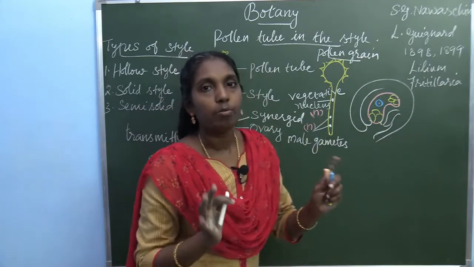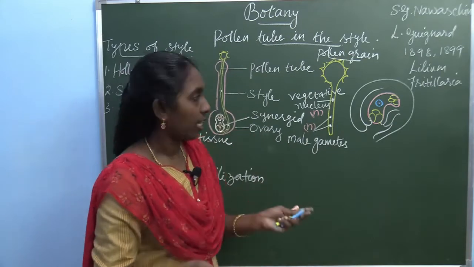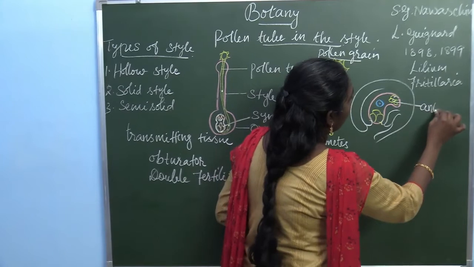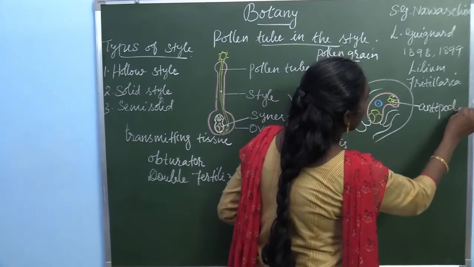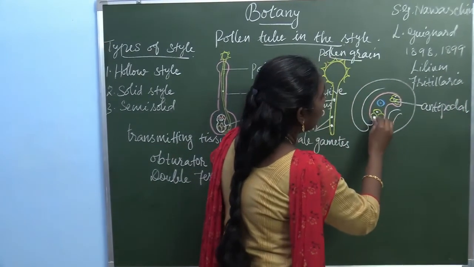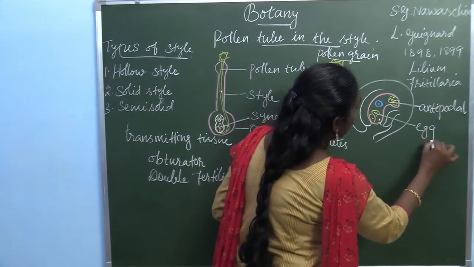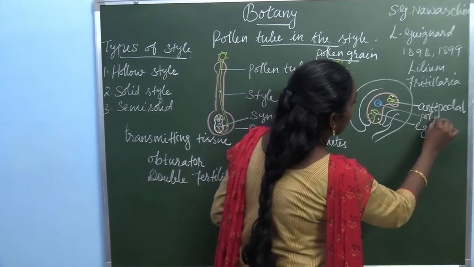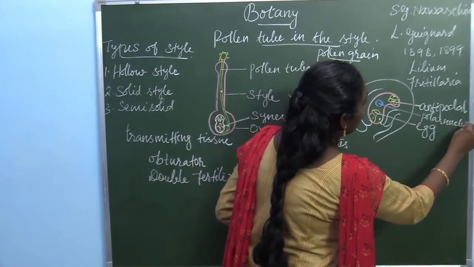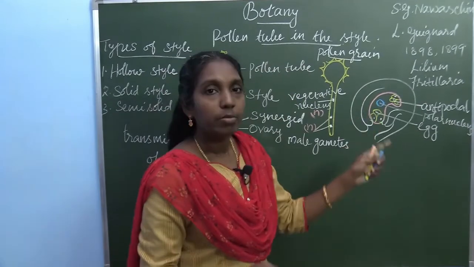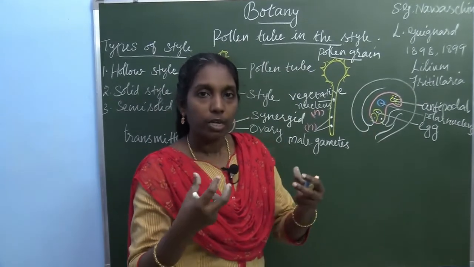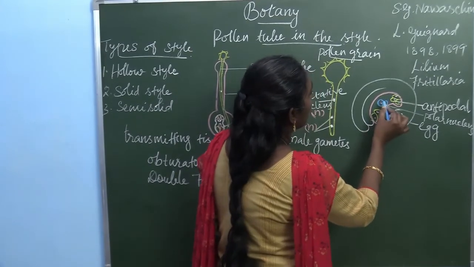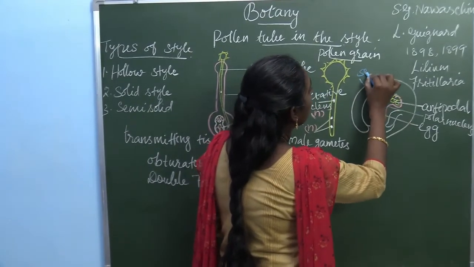So, fusion taking place, double fertilization, how does it take place? This is antipodals. This is the egg, these are the synergids, this is the polar nucleus. Sometimes the 2 polar nuclei fuse together and form a secondary nucleus. So, now it's the secondary nucleus.